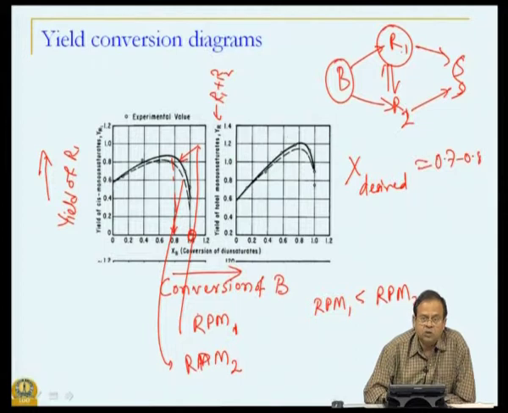But as we saw a few minutes back, in order to get higher selectivity or yield of R1 over R2, we need lower hydrogen concentration, because that selectivity was inversely proportional to hydrogen concentration. So, lower RPM, lower hydrogen concentration, higher selectivity.